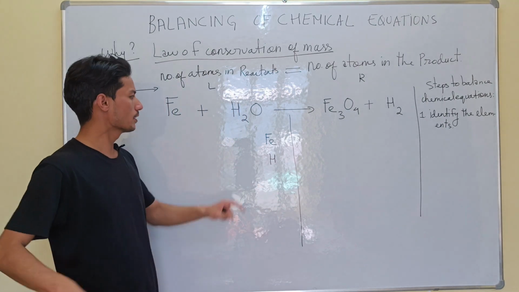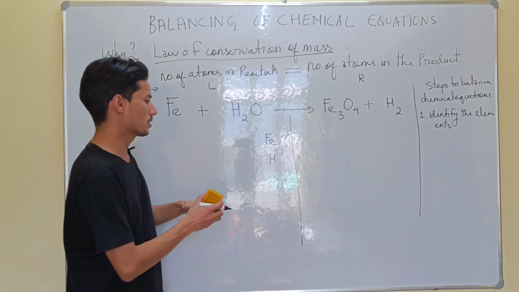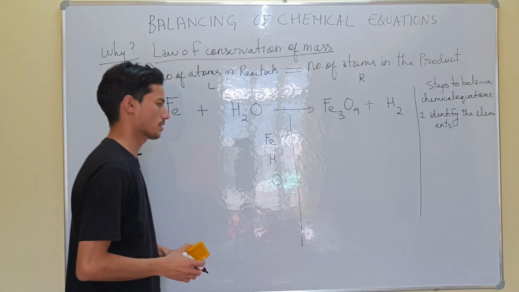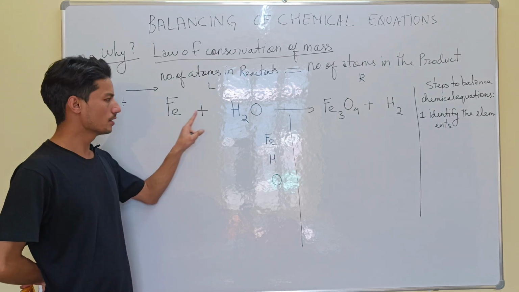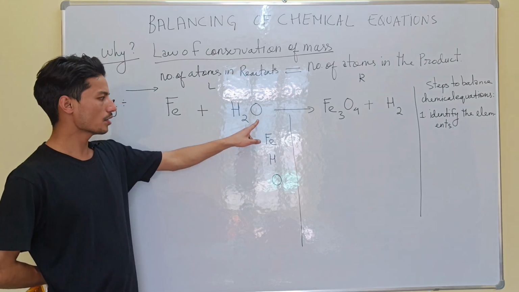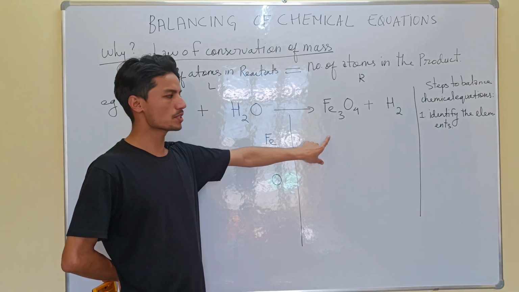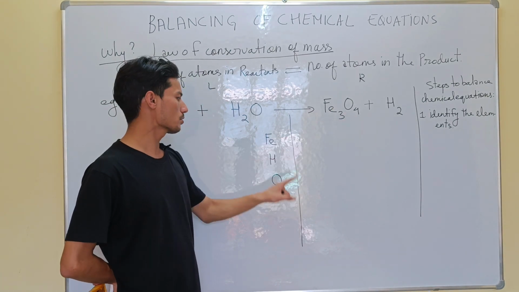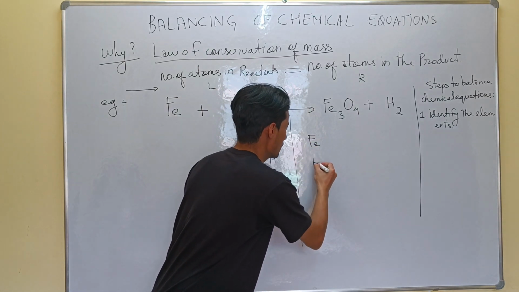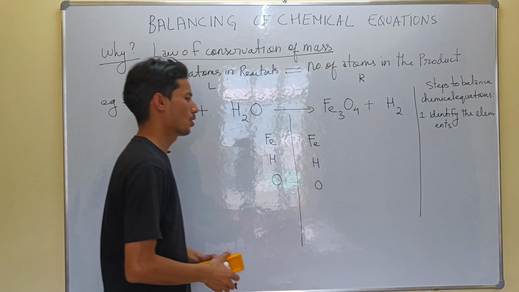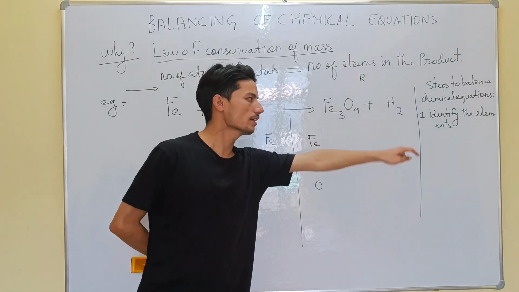Then this is oxygen. Likewise, we have identified all the elements in the reactant side: iron, hydrogen, and oxygen. Now copy down the same thing here, because the same elements will be found in the product side also. So we have just completed the first step, which is to identify the elements.